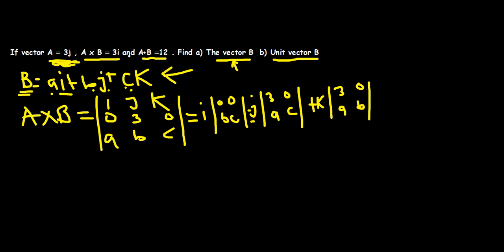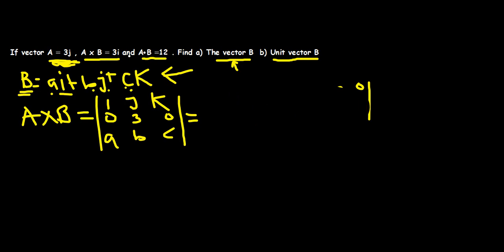So even here the numbers will change. I made a mistake there on the i. Let's cancel this and then solve the correct things now. Here we have i, and if I cancel out the ith column and the first row, I'm going to have 0, 3, b, c wait, 3, 0, b, c.